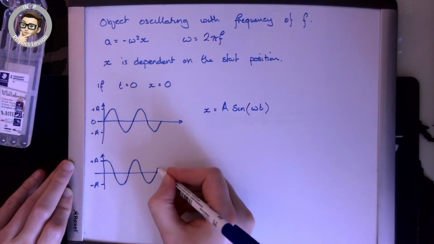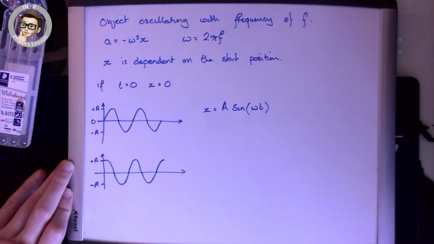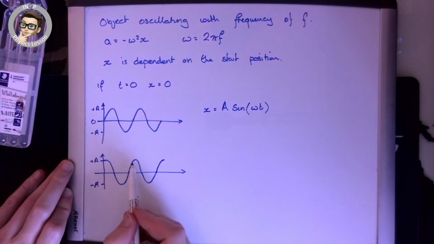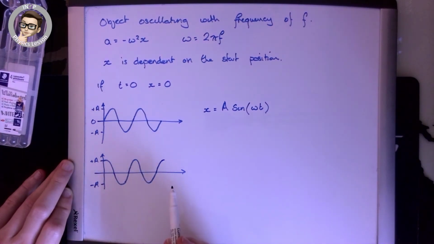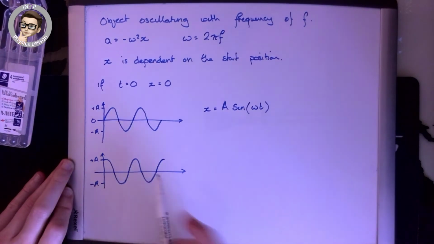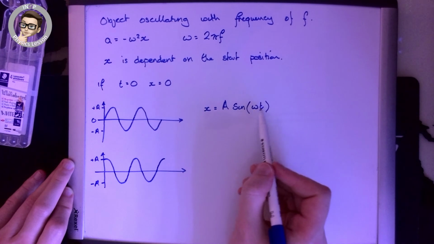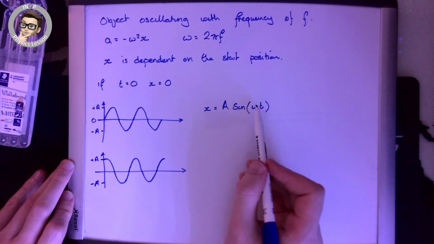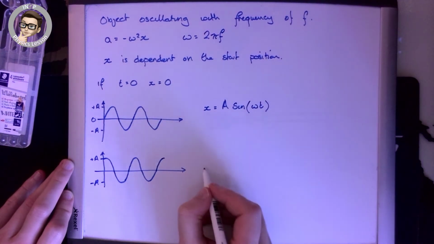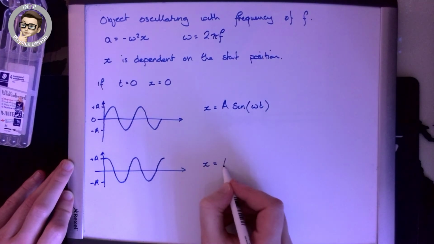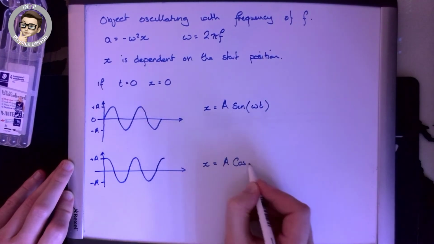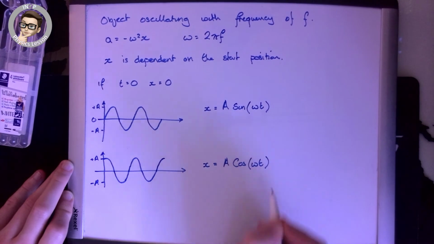I need to go a little bit further to get 2 whole cycles, and going back up to the top. Okay, so in this case, it's not sine omega t, it's not sine of how much we've displaced ourselves by, our angular displacement. It is instead a cosine omega t.